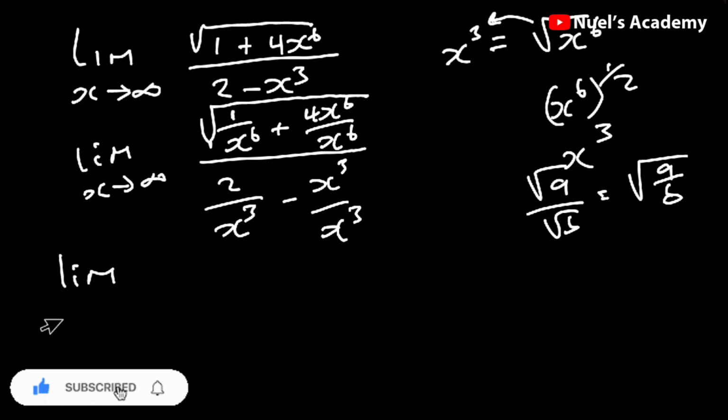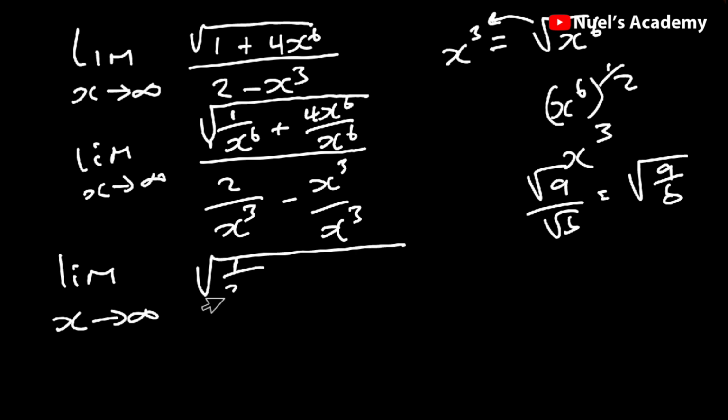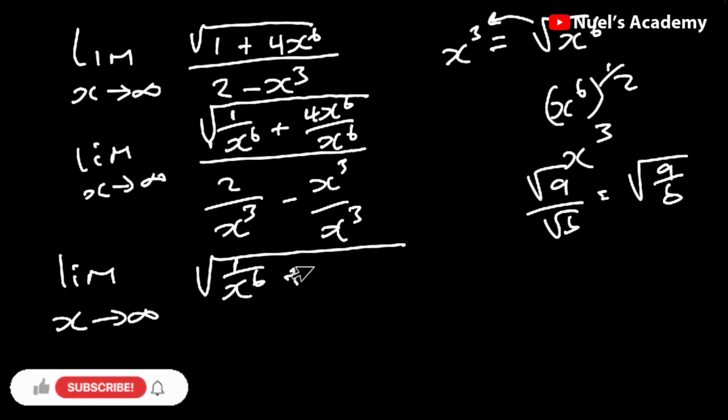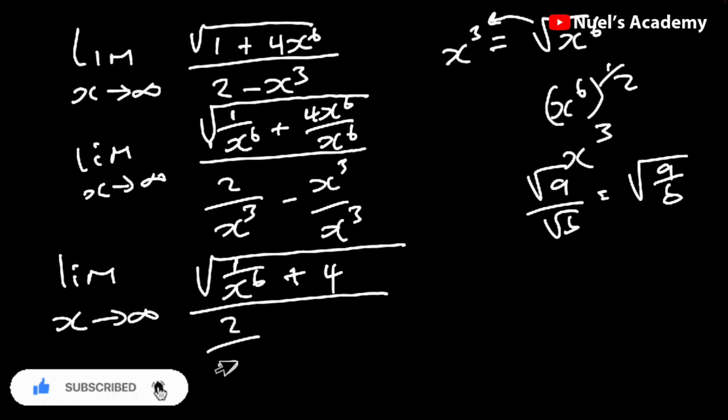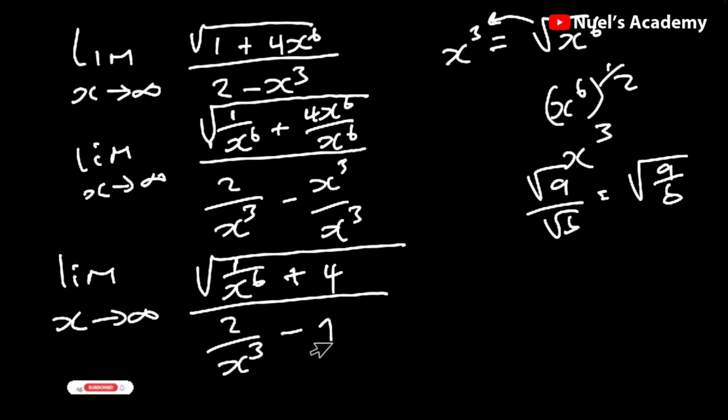So we have limit as x tends to infinity, then 1 over x raised to the power 6, plus 4x raised to the power 6 over x raised to the power 6, which will be 4. Then we have over 2 over x raised to the power 3, which will remain like that, then minus this and this will cancel and becomes 1.